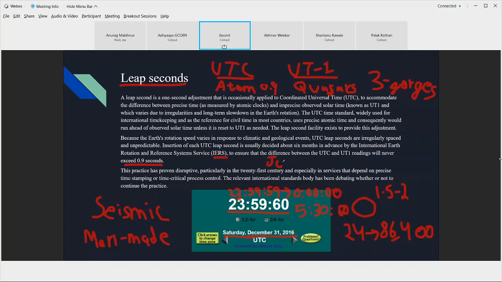They either announce on June 30 that they will implement a leap second on December 31st, or they announce on December 31st that they will apply a leap second on June 30. So two times a year, the concerned authority at IERS declares whether they will add a leap second to the clock or not.